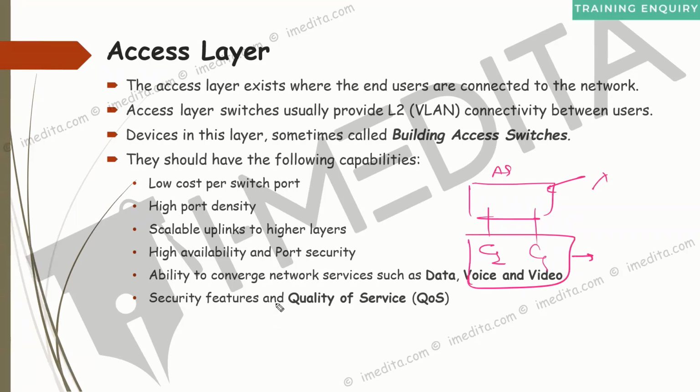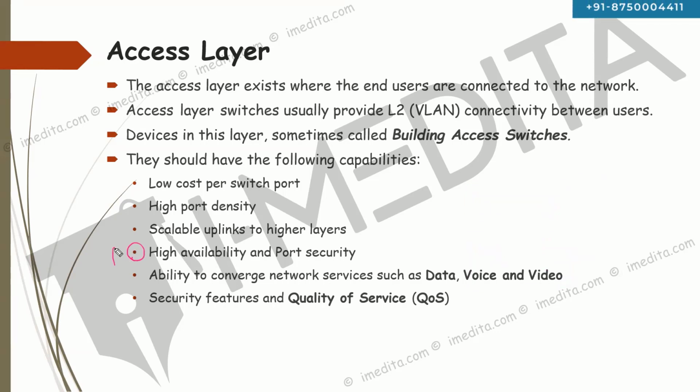So redundancy, high availability in terms of switches and power supplies. If you can make the switches available 24/7 at the access layer, it will be better. HA options should be there on the devices that you connect at the access layer.